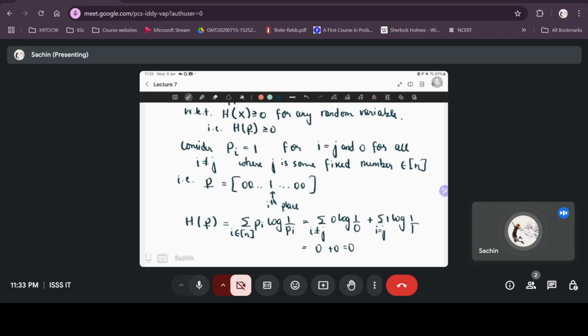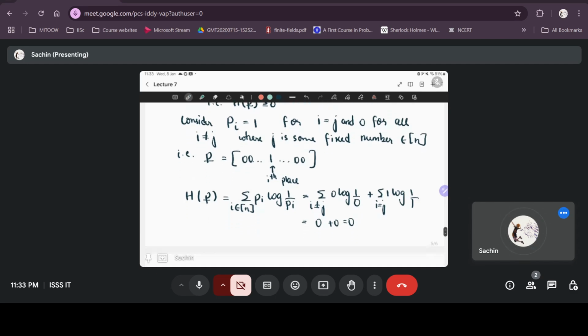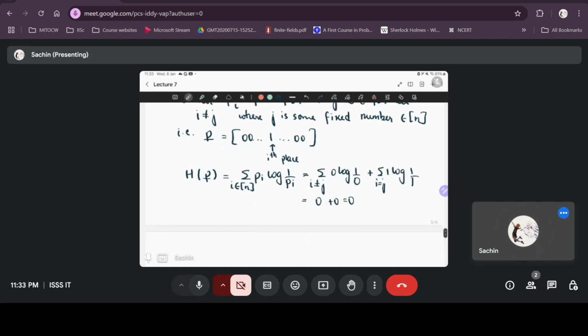So there can be at most a single p i which takes the value 1. And since all the p i's must be 1 or 0, the rest of them must be 0. So these are the only vectors which have entropy 0. That is, they achieve the minimum entropy possible.